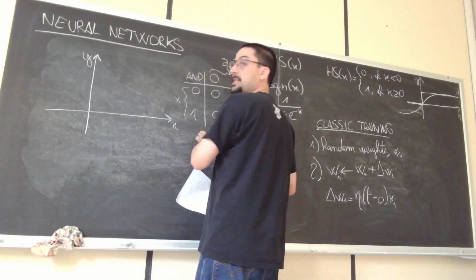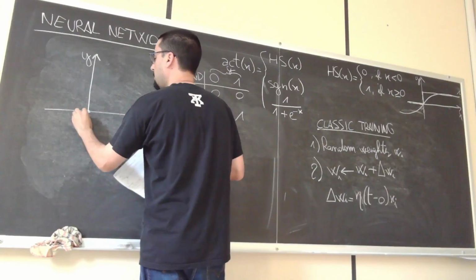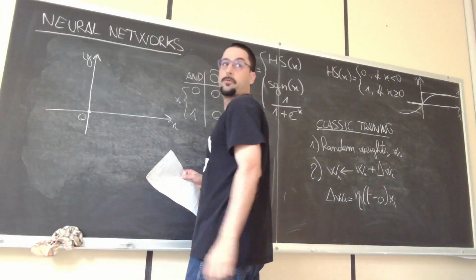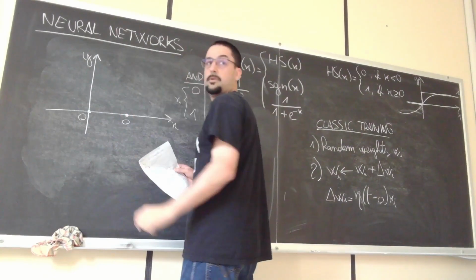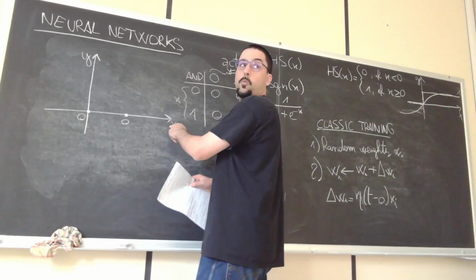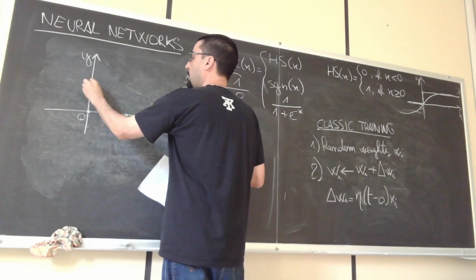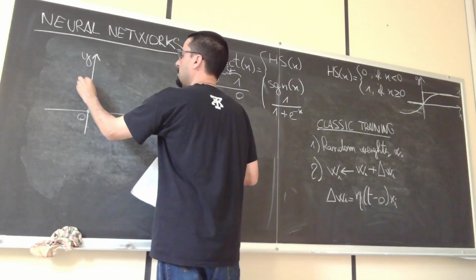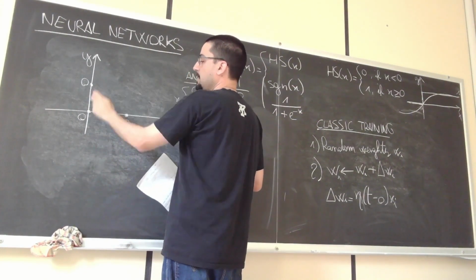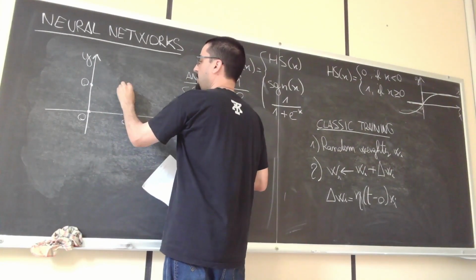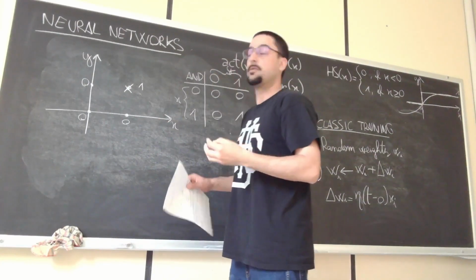If we represent them over the Cartesian plane, here we say 0 because both x and y are 0. Here we have 0 again because we have 1 for x but 0 for y. Here we again have 0, because we have 1 over y but 0 over x. And here finally we say 1 because both coordinates are equal to 1.